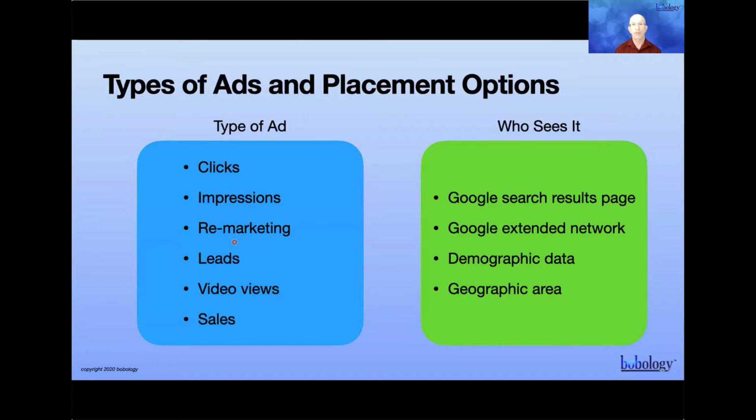Remarketing. A remarketing ad occurs when someone visits a website and the ad appears again to them when they're off the website. So an example is when you've started shopping and you might have been looking for a pair of shoes on a shoe site like Zappos or something, and then you decide, oh, I don't think I'm going to buy them today. I'm going to wait. And you have a friend that calls you for lunch, and you go out to lunch, and you come back and you start looking on the internet.